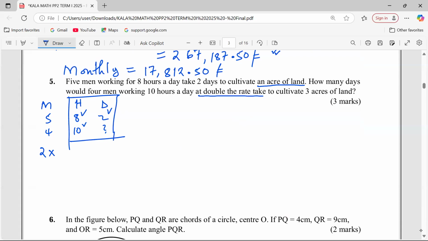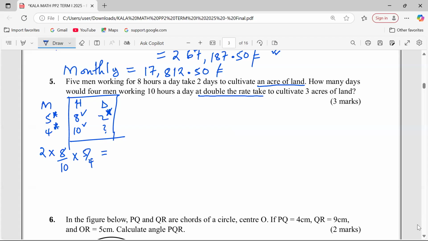So a decreasing ratio of the hours, 8/10, multiplied by, now we compare men and the days. 5 men take 2 days. What about 4 men? They would take longer. So we need 5/4.